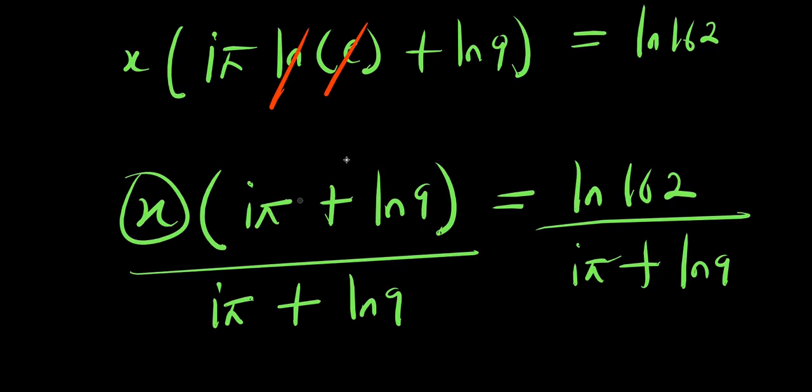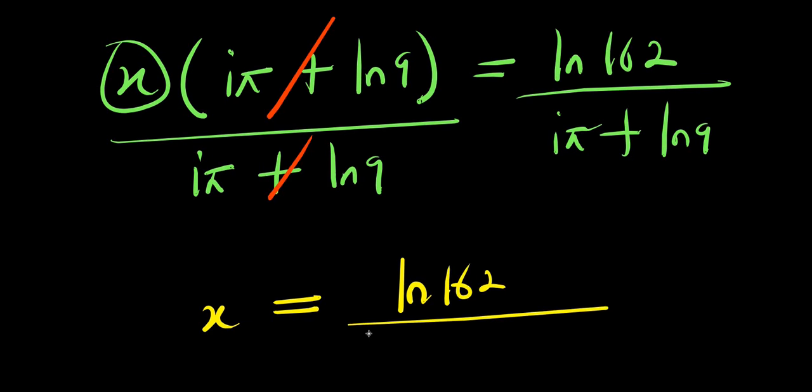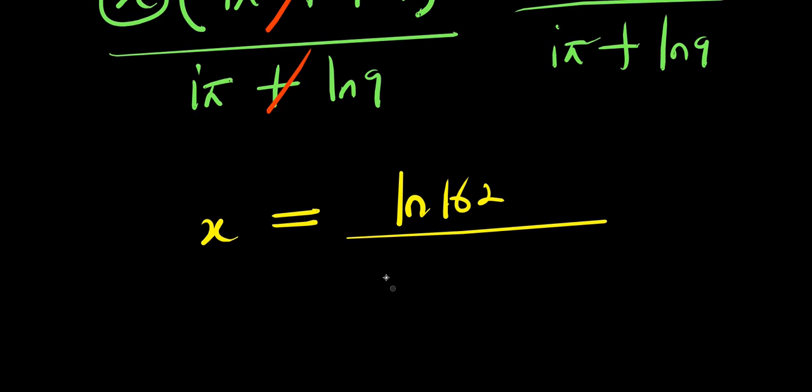So what happens here is that this cancels this. I can easily say that my x equals natural log 162 divided by i times pi plus natural log 9.